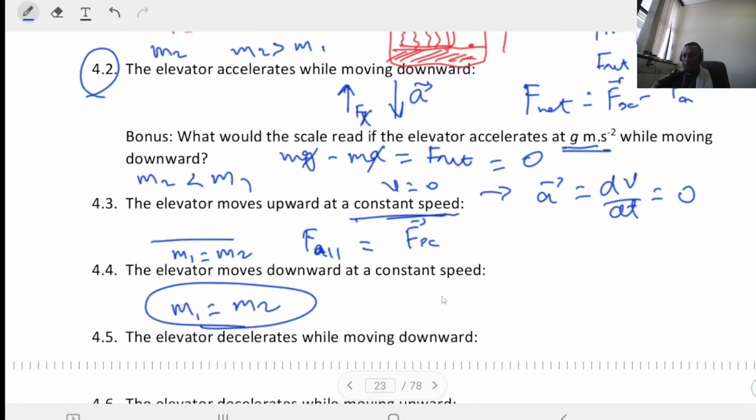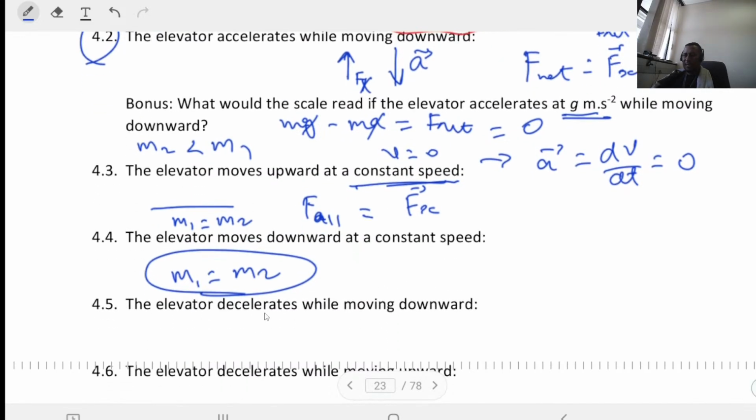Okay, here the elevator decelerates while it's moving downward. m2 is greater than m1 because it is moving down but going slower and slower. You become heavier and heavier because here the acceleration is up, since deceleration is negative acceleration in the downward direction.